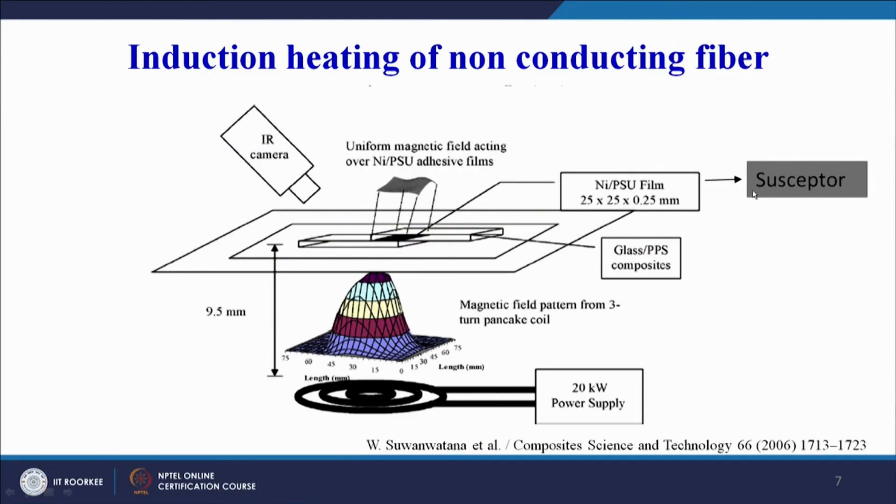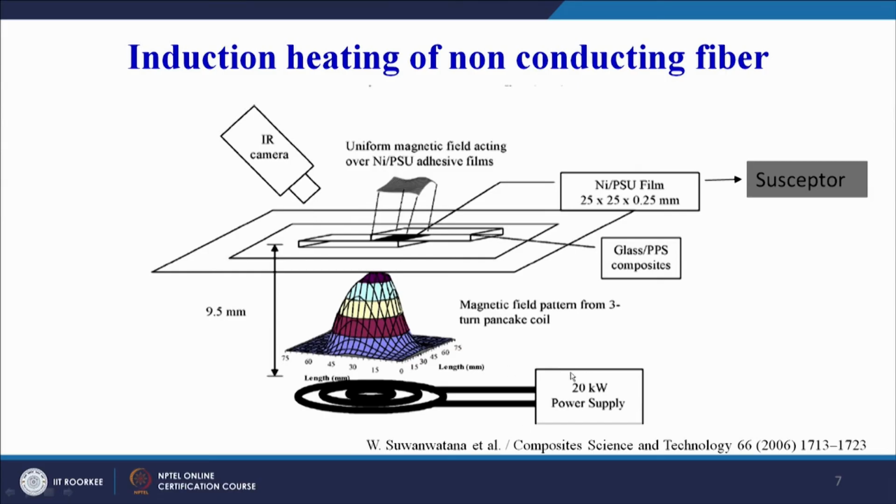So this is the susceptor material as highlighted here, which is used for joining the two parts together, the top glass PPS layer and the bottom glass PPS layer or laminate. We have a uniform magnetic field acting over these adhesive films, and there is an infrared camera here, and this is the power supply. This is our induction coil, which is used here to induce the induction heating effect.